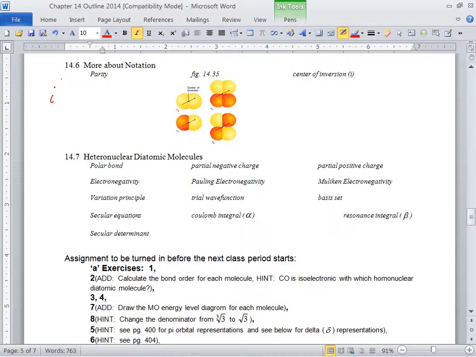And that means that this molecule has a center of inversion: in the center of that molecule, you reflect from one side to the other side, and it looks exactly the same. Like a sphere has a center of inversion, because if you go from one side and reflect through, it looks exactly the same on the other side. See, like a sphere does, right?